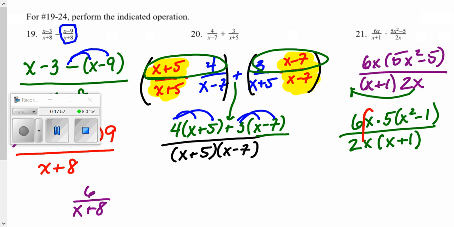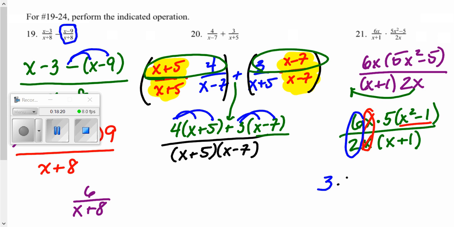So for instance, x divided by x is 1. So I don't need to write like an extra 1 in the problem. And I notice right here, I have a difference of squares pattern. I also notice that right here, 6 divided by 2 is 3. So I've got 3 from the part I highlighted blue. The x over x is gone.